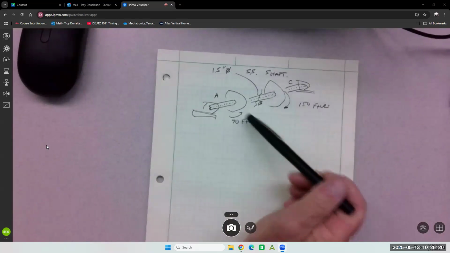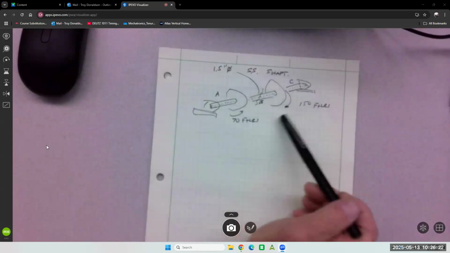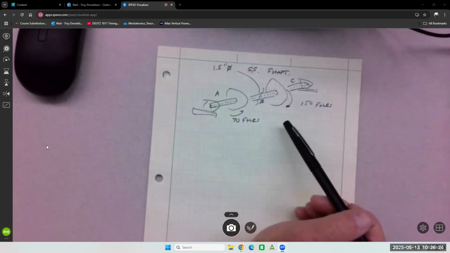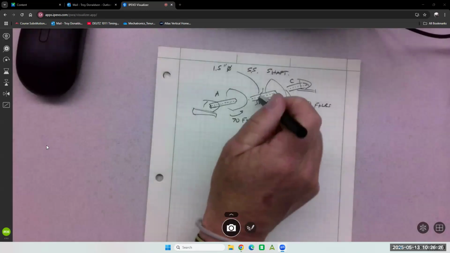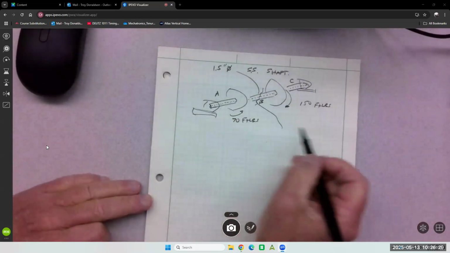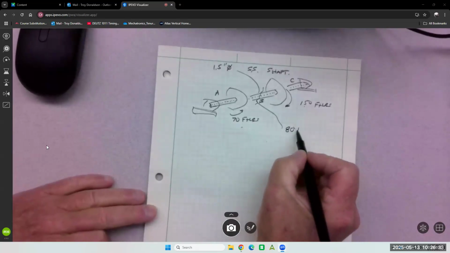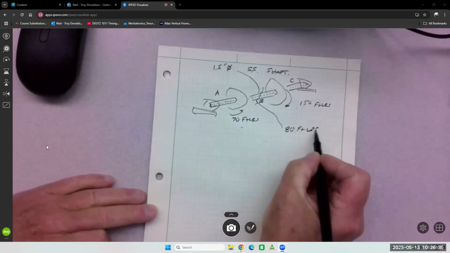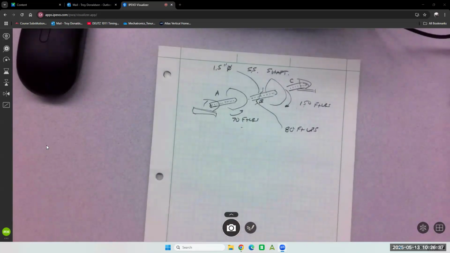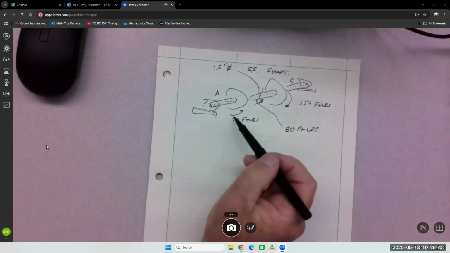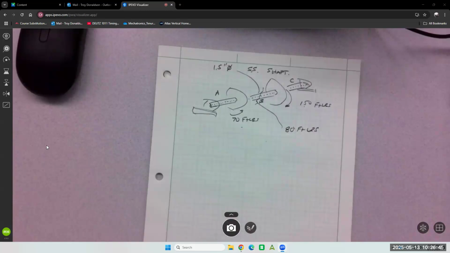There's 80 that's being pulled off, right? So inside this area, there's gonna be the difference between these two, 80 foot-pounds. So that's kind of how you have to look at it, like, oh, what's going on between the two, right? It doesn't feel 150 because it has 70 going the other direction. So those wouldn't be added together, they would be subtracted.